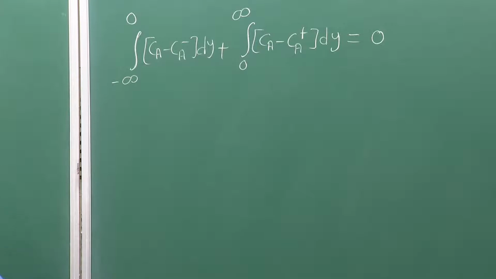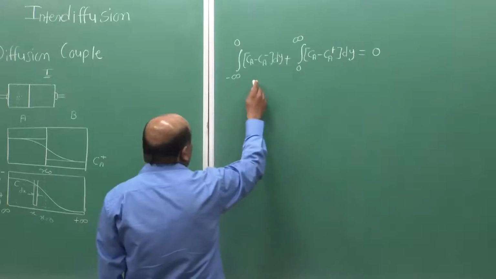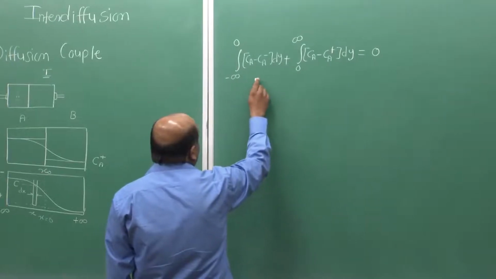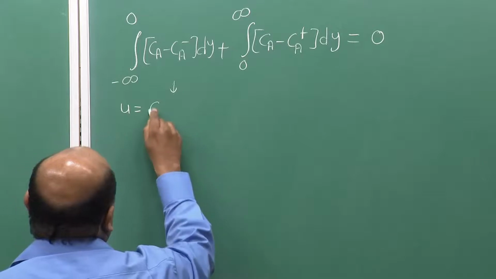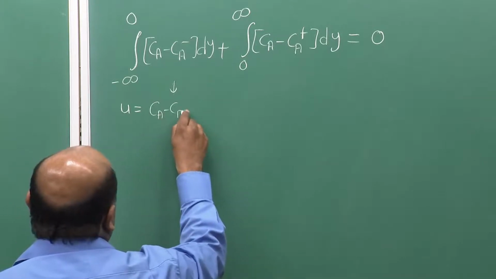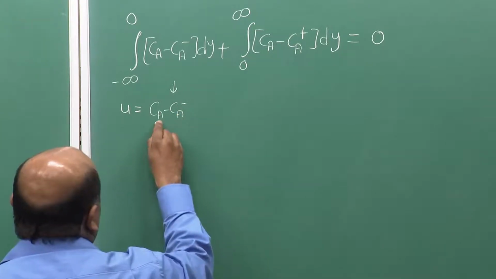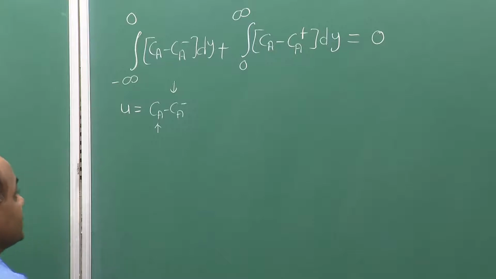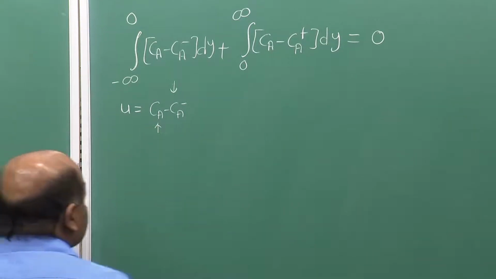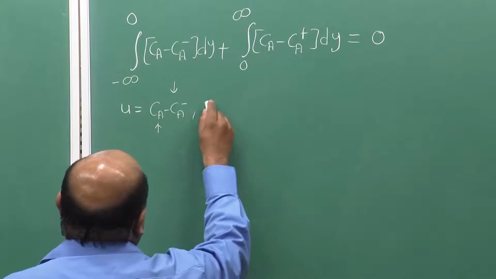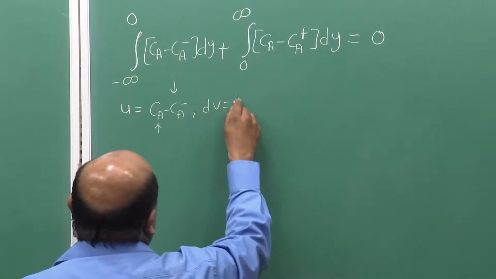Now, to simplify this further, let us integrate by parts. For the first integral, let us assume u is equal to Ca minus Ca minus. Remember Ca here indicates Ca at the position x that is being considered, and dV is dy.